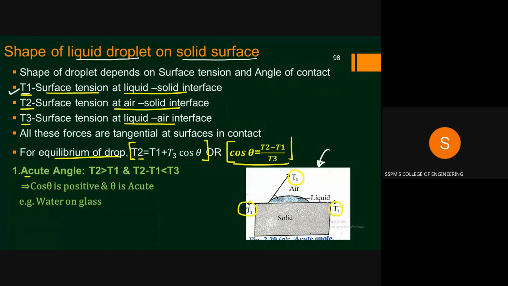So if the drop forms an acute angle of contact, then T2 will be greater than T1 and T2 minus T1 will be less than T3. In this case, cos theta is positive and theta will be the acute angle. An example is water on glass.